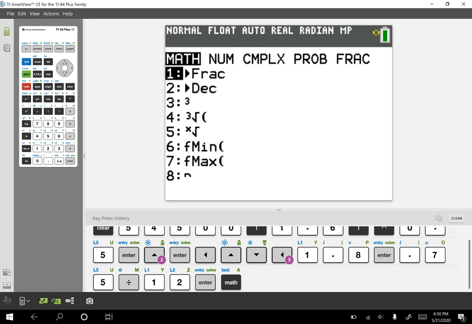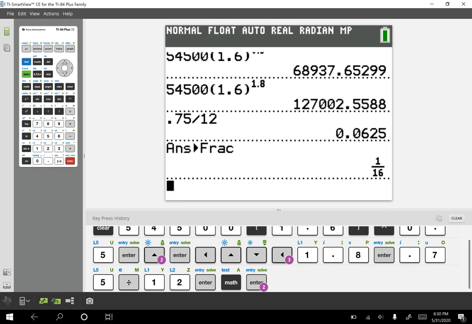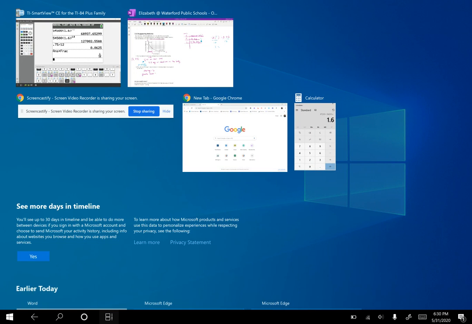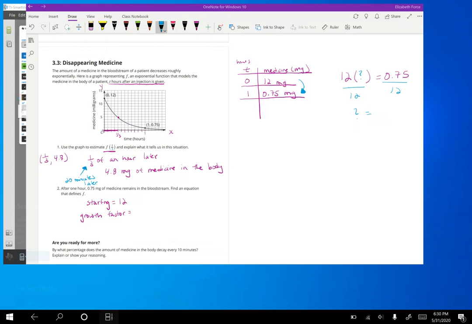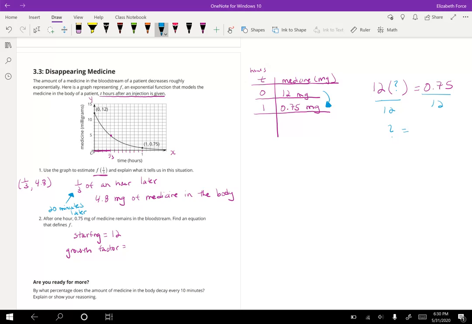Remember the little trick, math, enter: 1/16. So our growth factor is 1/16, or 0.0625.